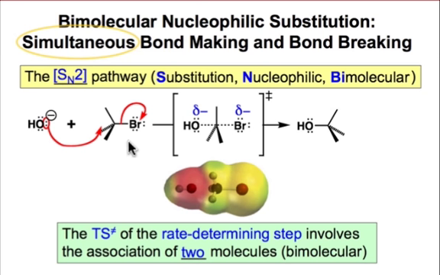The hydroxide nucleophile is attacking this sp3 center to end up making this alcohol and the corresponding bromide anion, which was the leaving group. We'll use these curved arrows in order to draw the transition state structure.